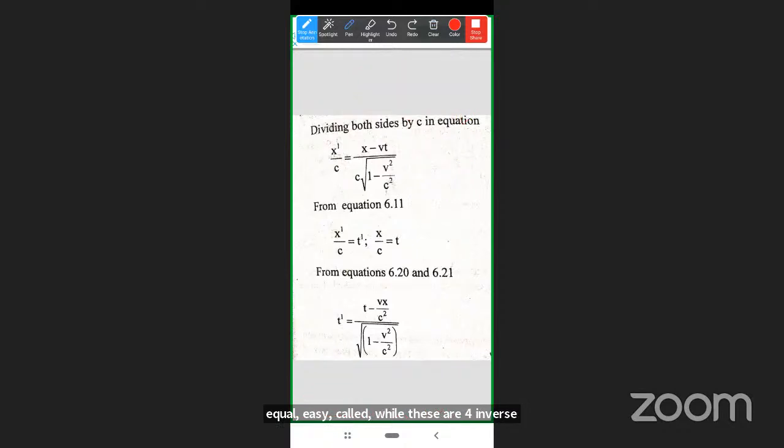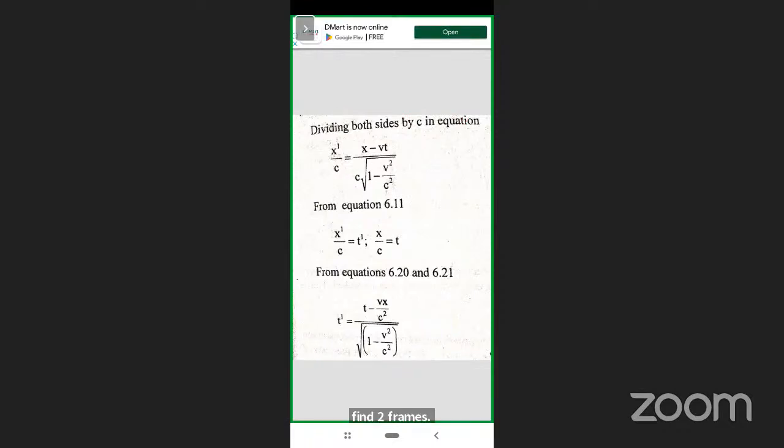So simply, for the two frames, the distance measured in the S dash frame is proportional to the distance measured in the S frame. So x dash is proportional to x minus vt, x dash is equal to k into x minus vt. The OP distance and O dash P distance are ct and ct dash.